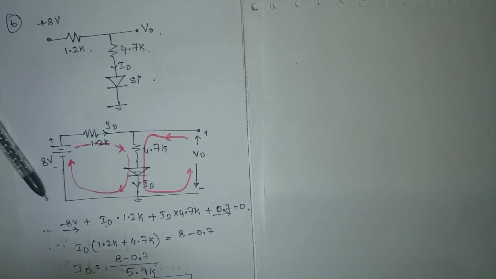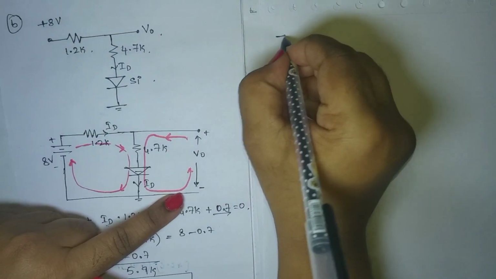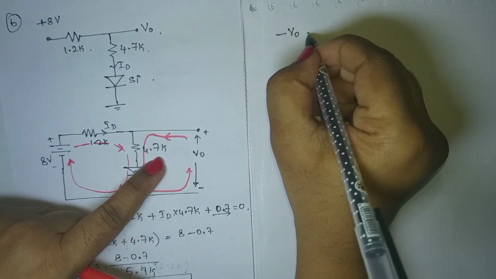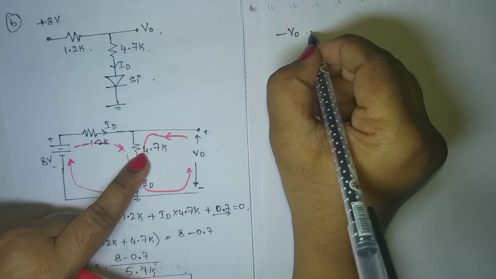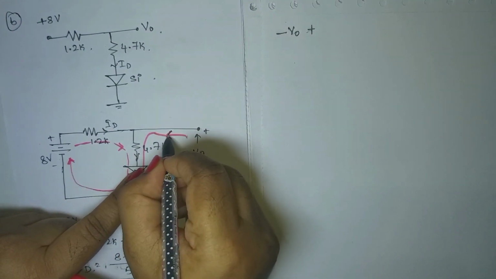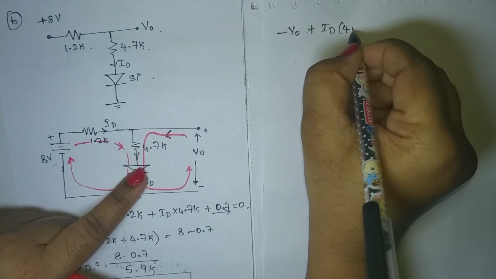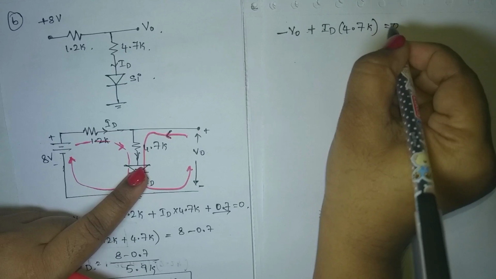See, arrowhead is meeting minus V0, so minus V0. It is in the same direction of diode, and even this is in the same direction. Plus ID into 4.7K equal to 0.